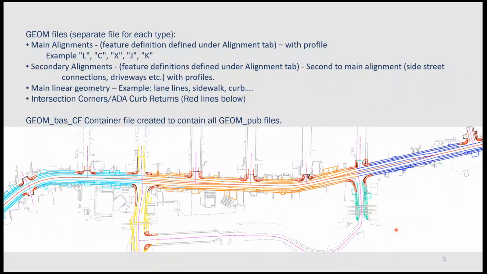So what is a geometry file for this project for me? I had main alignments, secondary alignments, main linear geometry, and then intersection corners or ADA ramp geometry. I've broken them out here on the screen.